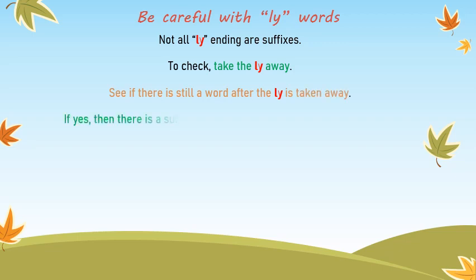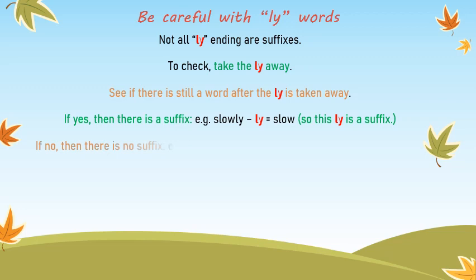If yes, then there's a suffix. Example: slowly without the "ly" is slow, so the "ly" in slowly is a suffix. If not, then there is no suffix. Example: family. Without the "ly" is "fami". It is not a word, so "ly" in family is not a suffix.